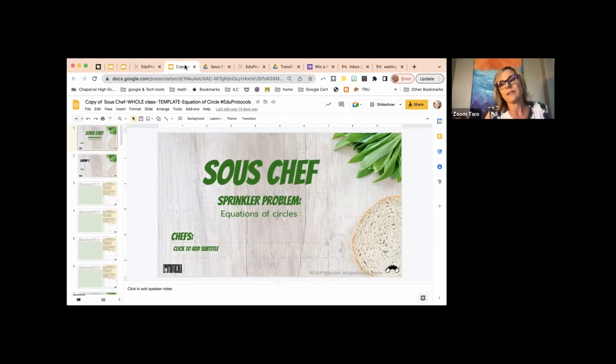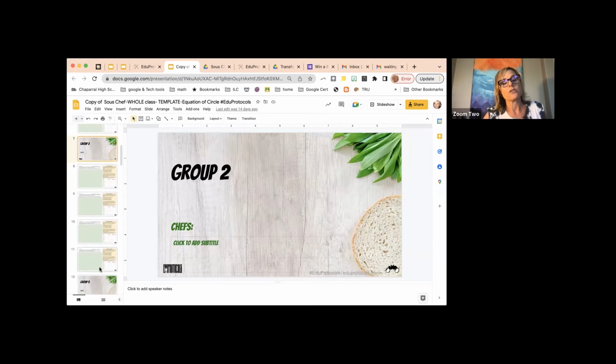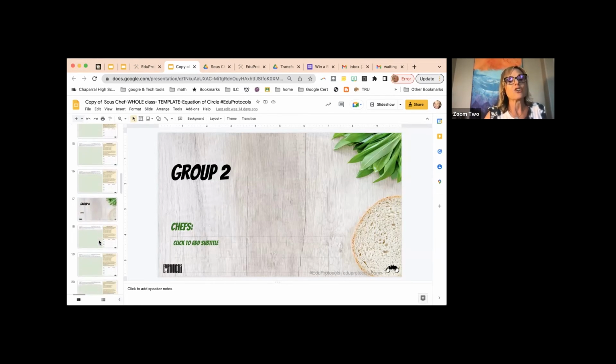The link to this is in the slideshow as well. What I do is make a space for group 1, and then below group 1 there are 4 slides. If you sit in group 2, then these 4 slides are for your group. I make a section on a single Google slideshow for all of my 9 groups.